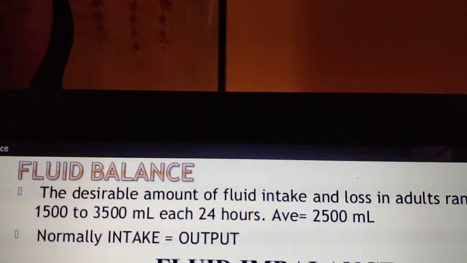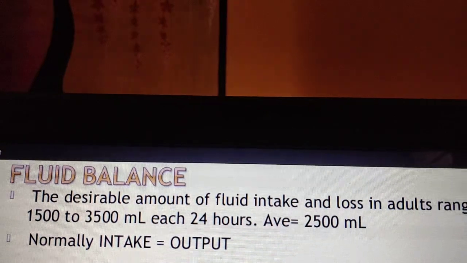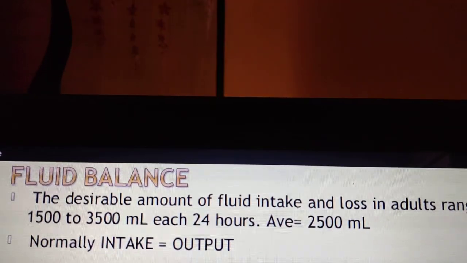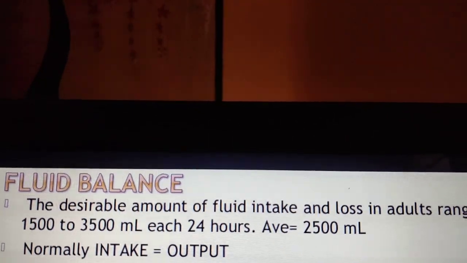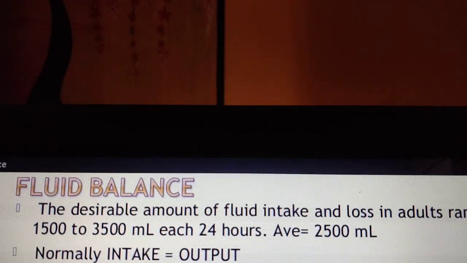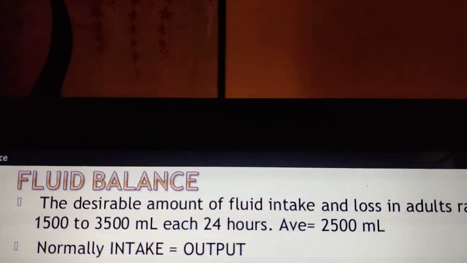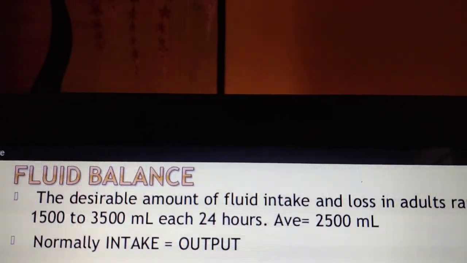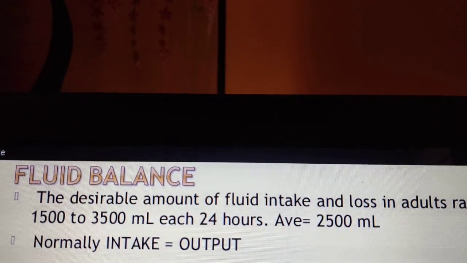Once again, for example, you are drinking coconut water, say 200 ml, and along with that 200 ml you are drinking 1800 ml of water per 24 hours. Now consider 1800 plus 200 of coconut water. How much? 2000 ml, approximately 2 liters of water.